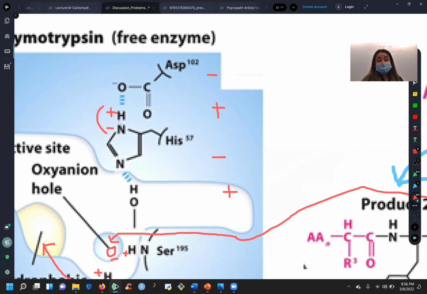Okay? Histidine used to have a pKa value of 7. A pKa value is the pH at which that group wants to donate its proton. So histidine used to be really nice. And at a pH of 7, he was like, oh, take my proton. Just take it, right?